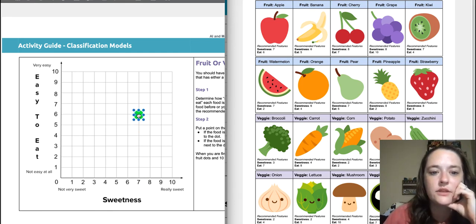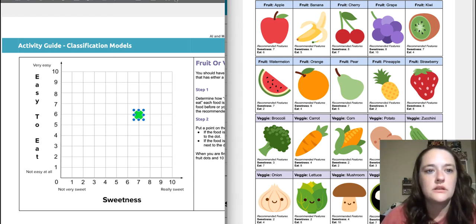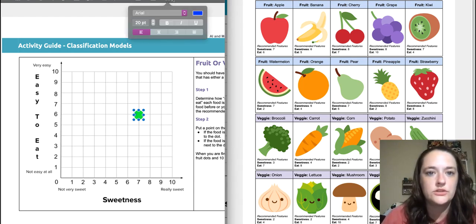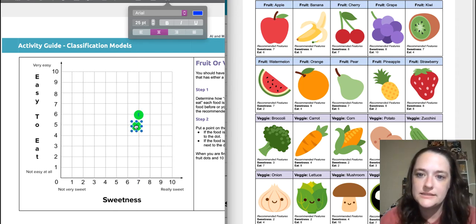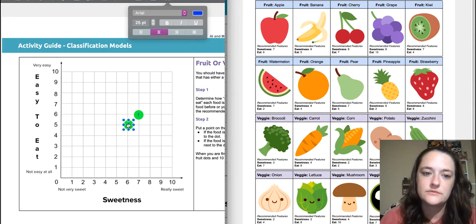So that's going to go there. And now I am going to center that F, make it a little bit bigger, and then I'm just going to copy and paste that. And a banana is a 6 on the sweetness and a 5 on the eat.